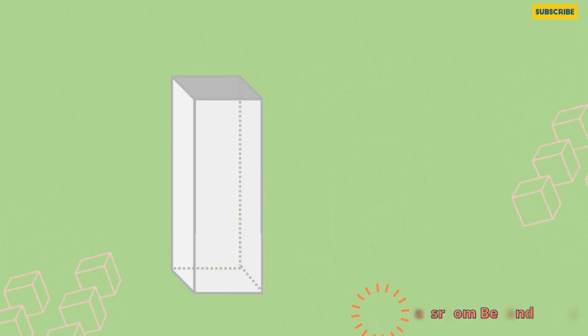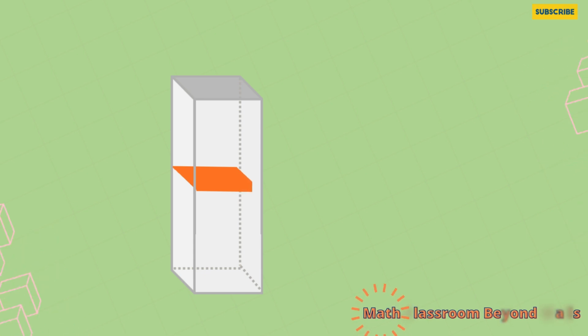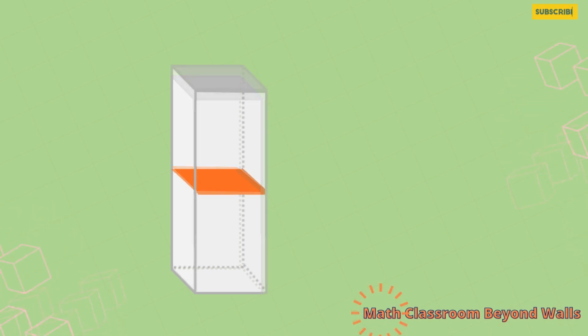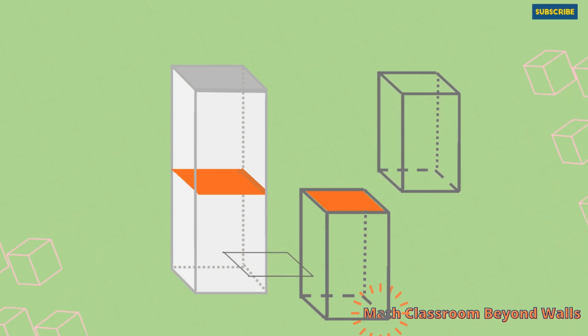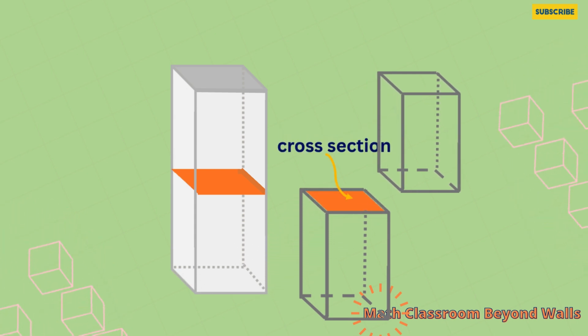Now, when a right rectangular prism is sliced parallel to its base like this, it exposes a cross-section congruent to the base. As you have observed, the cross-section obtained depends on the orientation of the cutting or slicing made.